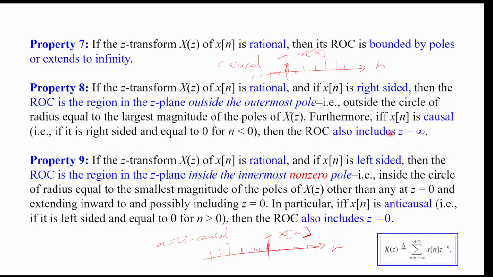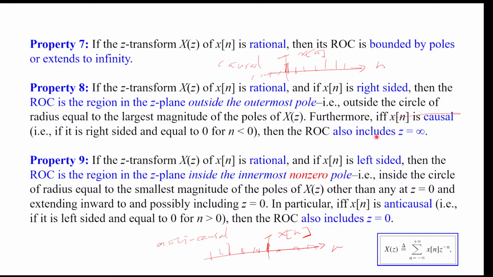So the ROC includes infinity if and only if x of n is causal, meaning x of n is 0 for n less than 0. Here this is a bit of an abuse of notation, because a system is causal, and here we are saying a signal is causal.